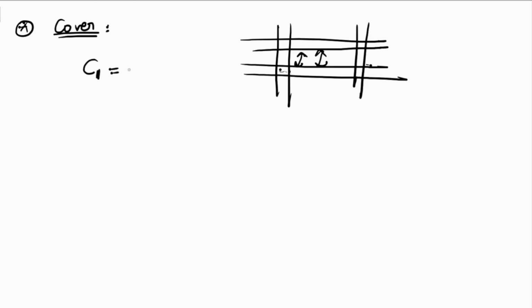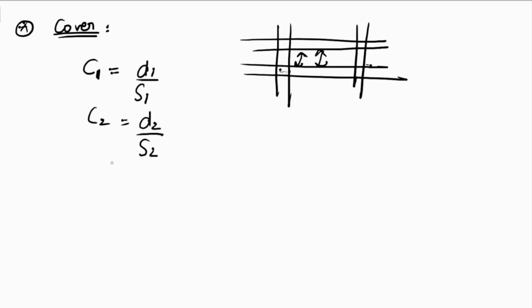If I talk about warp cover C1, it is a fractional cover, so D1, the distance, upon S1, the spacing in the first fabric. And for weft, the fractional cover is D2 upon S2.